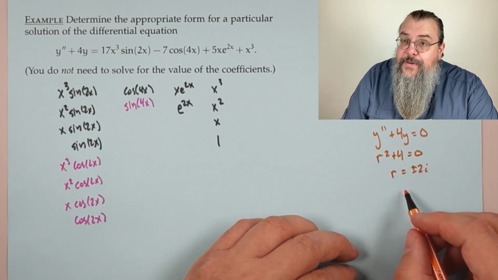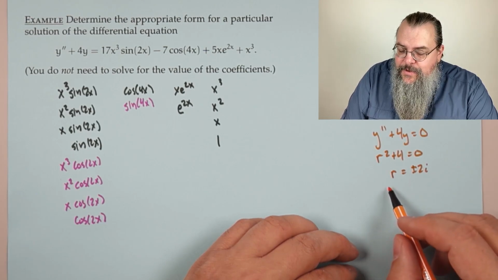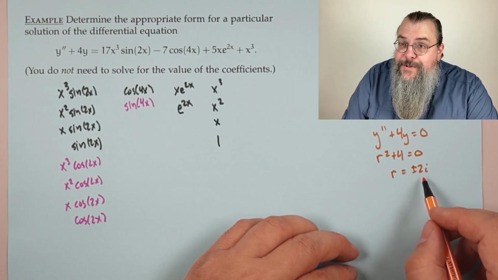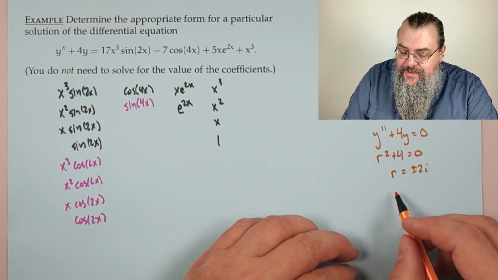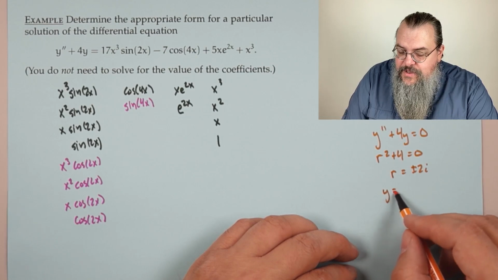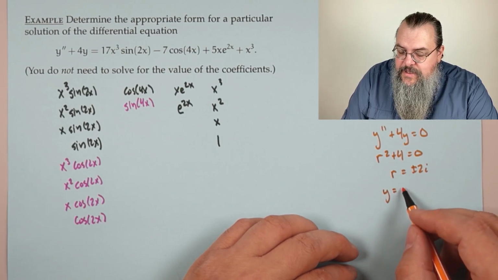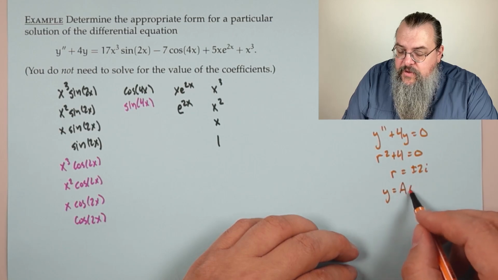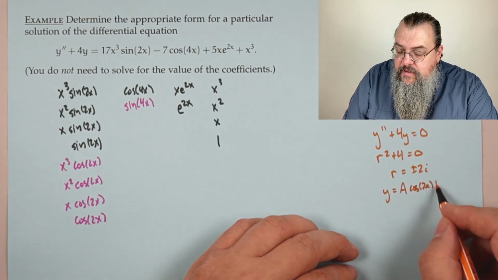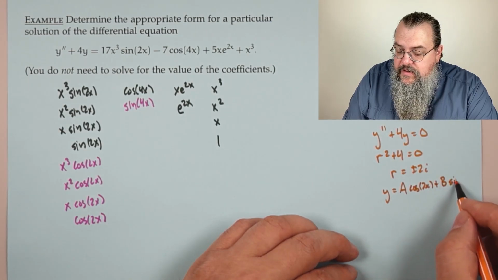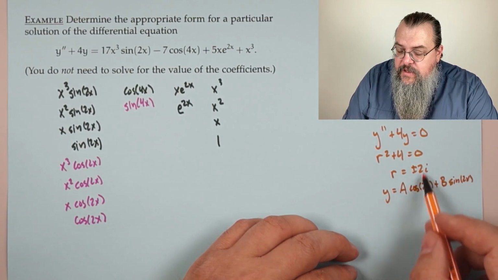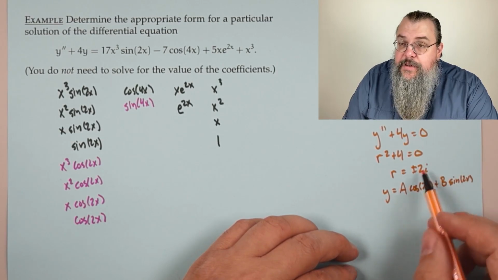So what are the solutions? Well, whenever you have imaginary roots, they become sines and cosines. So our solutions look like some constant cosine 2x plus some constant sine 2x, the 2 coming from the 2.